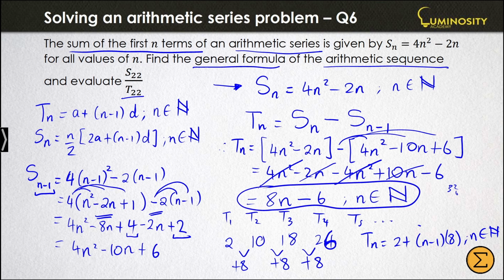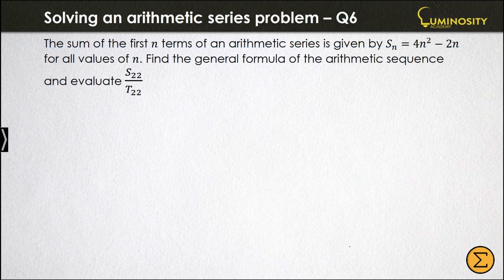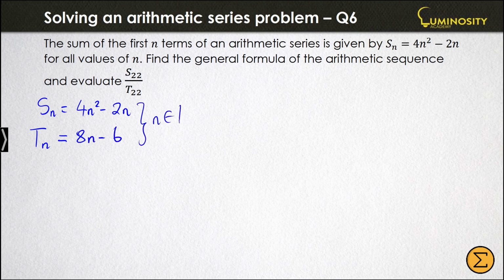We still have to evaluate S22 divided by T22. So let's clear things up a bit and write what we have as the important information. The sum of the first n terms is 4n squared minus 2n, and the t sub n that we found is 8n minus 6, where n is a natural number.